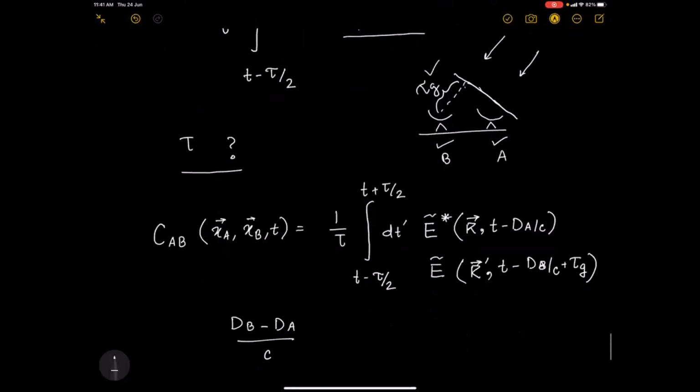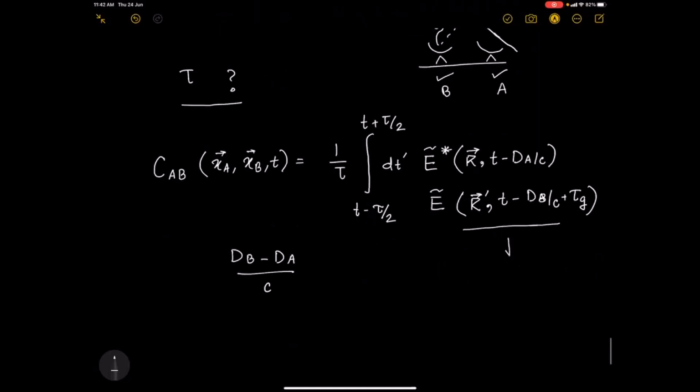So in that case, I can just write dB minus dA by C as tau g. And this will then just become A tilde R prime T minus dA by C. Right?